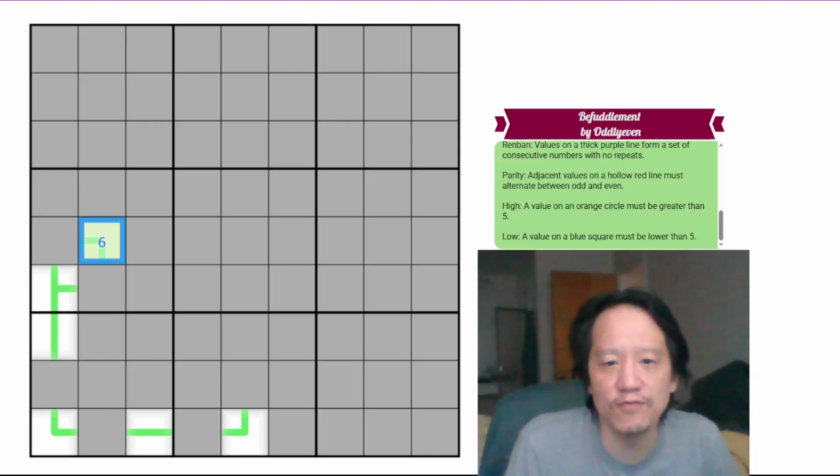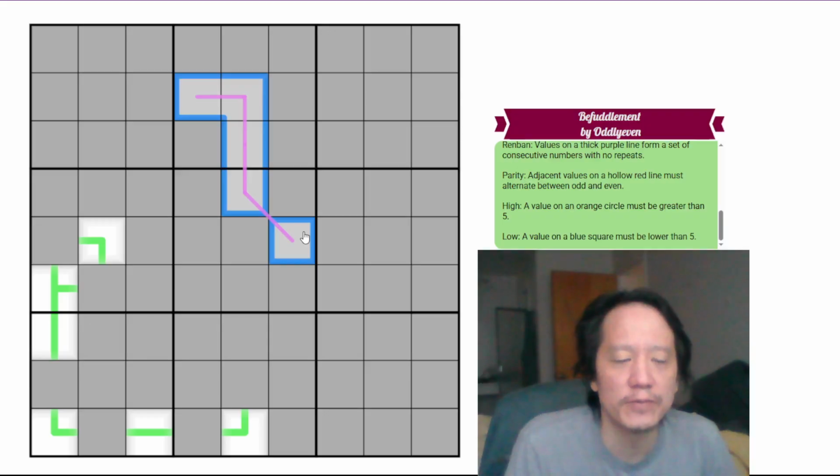We also have Renban, but we can't see it. Values on a thick purple line form a set of consecutive numbers with no repeats. So you're going to have a unique value because values cannot repeat on a Renban line. But say this was a Renban line here.